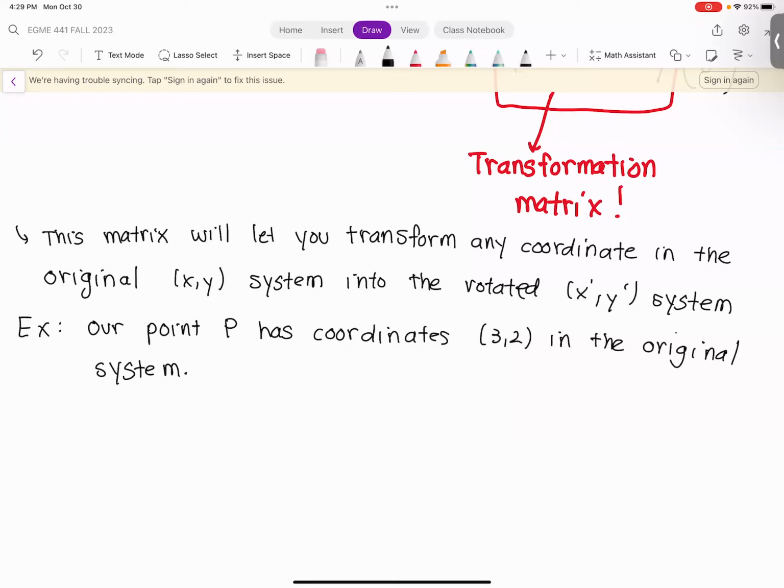If our rotated system was rotated 30 degrees counterclockwise, we want to compute its coordinates in the rotated system.